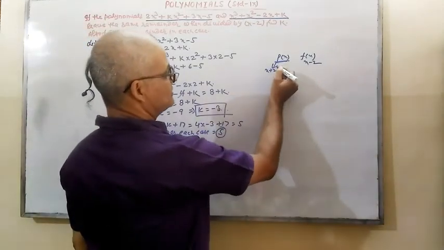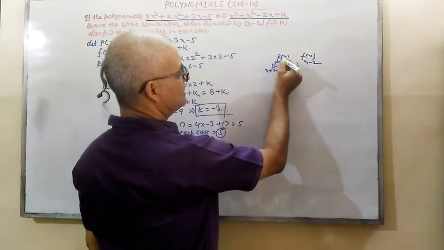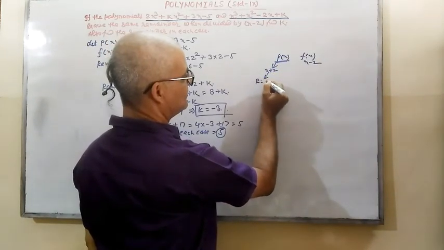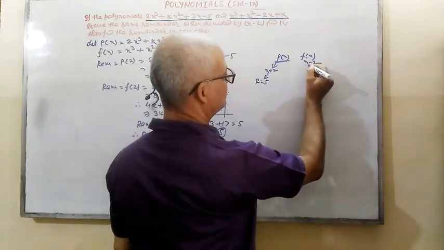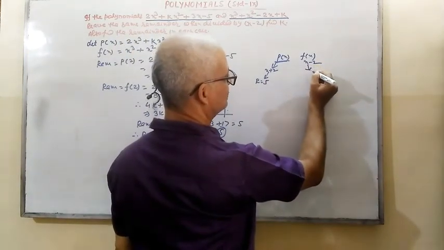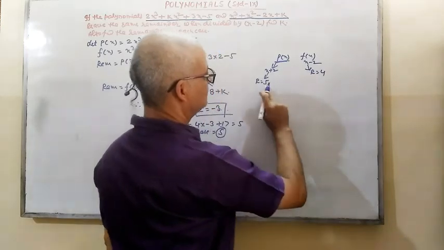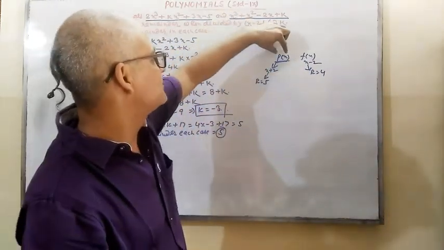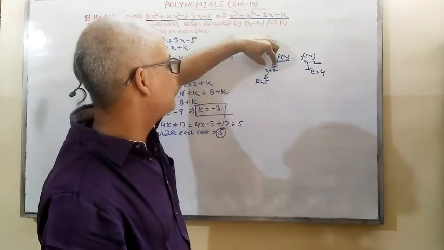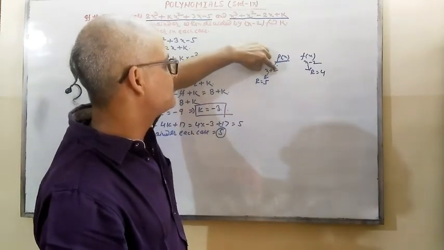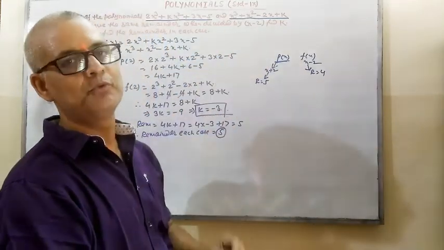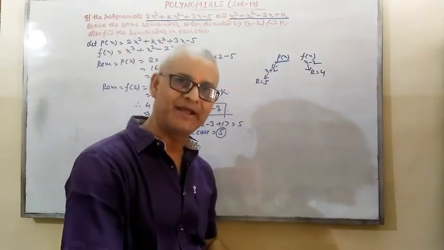Now one more piece of information is given. When this polynomial is divided by x plus 2, the remainder is, suppose, 5. And when this polynomial is divided by x minus 2, the remainder is 4. Find the value of m and n. What will we do? For this polynomial, first we will find the remainder. X plus 2 is given, it means p(minus 2). You will get p(minus 2) in terms of m and n.